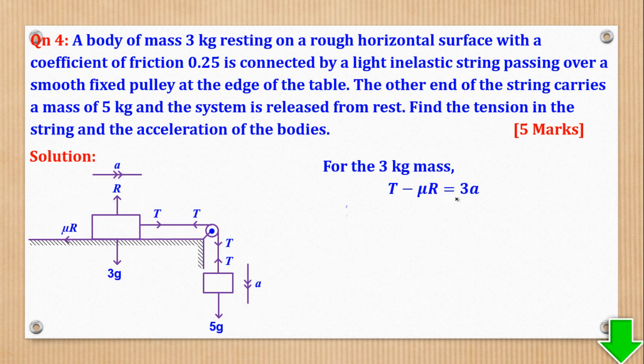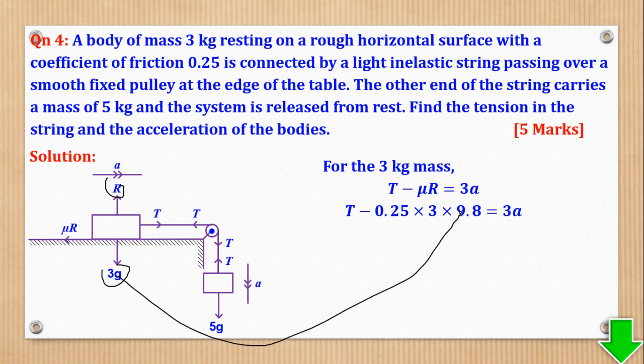Okay. We know the value of r. This r is equal to this 3g, where g is 9.8. So that is 9.8 is a constant. Remember, in your O-level physics, g was taken to be equal to 10. Okay, but now in A-level, the value of g somehow changes.